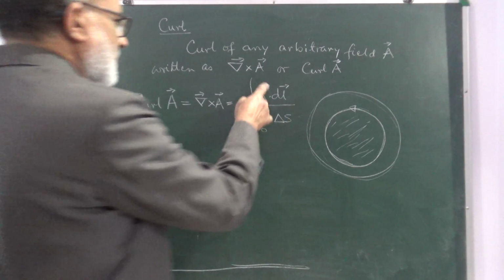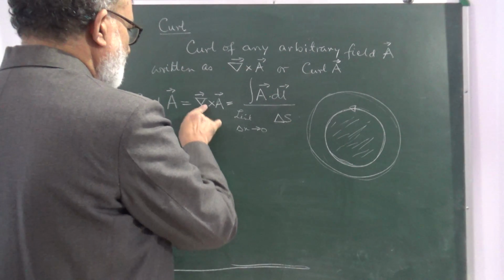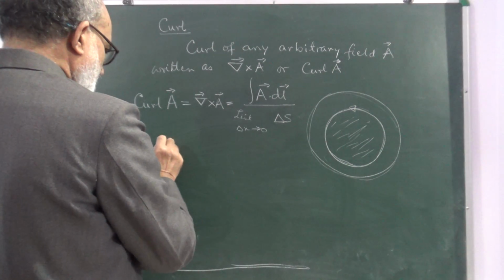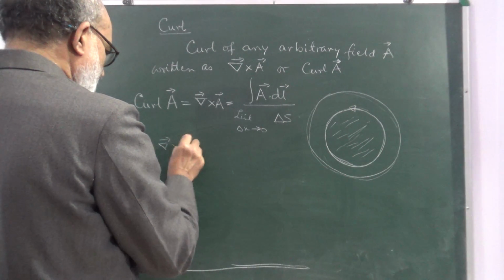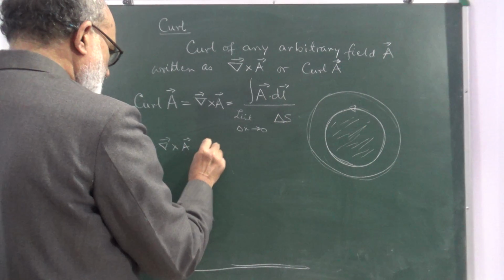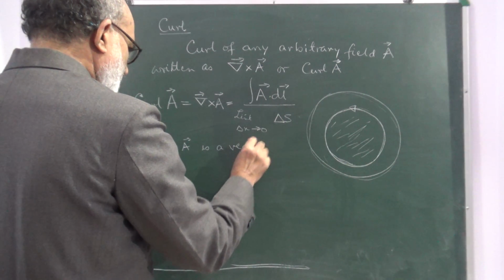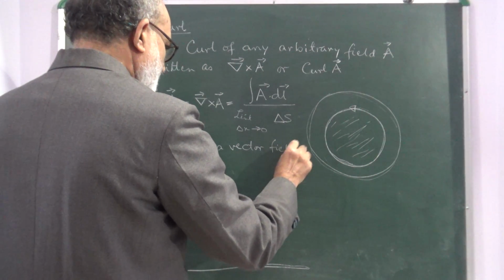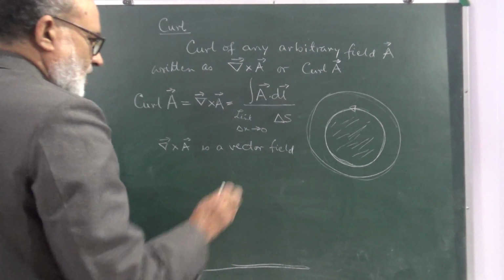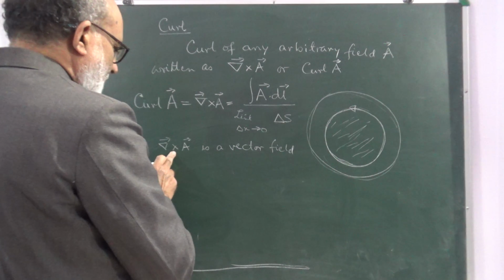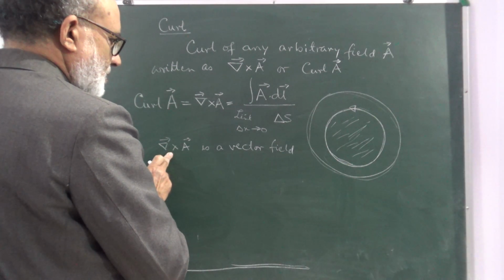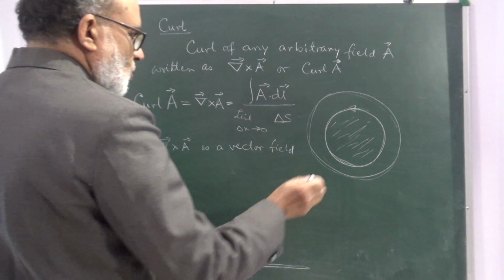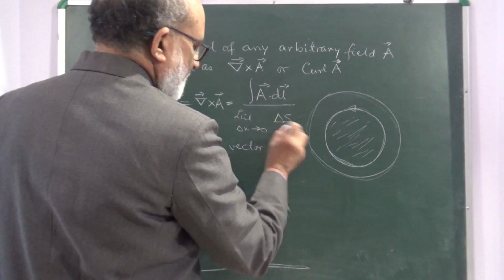And this is a vector quantity. The curl of A is a vector. This is a vector field. Curl A is a vector field directed along, and what is the direction of this field? If this is a vector field, its direction is perpendicular to the surface.